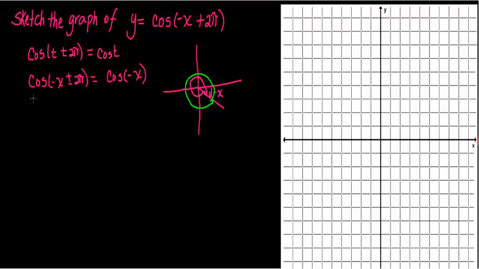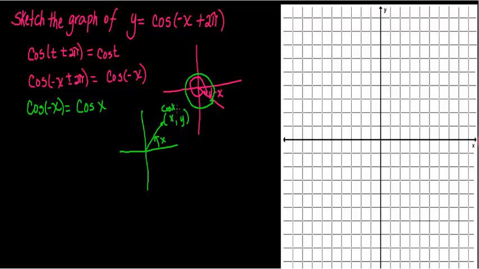And another identity we have with the negative angle identities, we had said that the cosine of negative x is equal to the cosine of x. Let me sketch that for you. If this is angle x, this angle, when it hits the unit circle, will have an x and a y coordinate, right? And we said the x coordinate is cosine, and the y coordinate is sine of x.